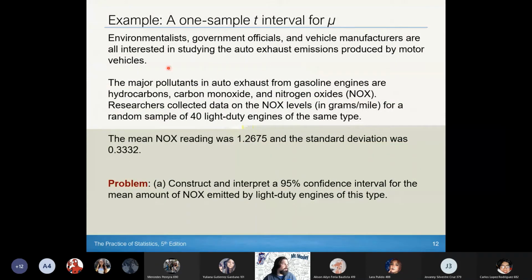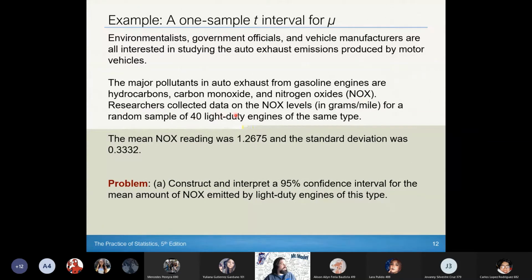So let's look at an example. Environmentalists, government officials, and vehicle manufacturers are all interested in studying the auto exhaust emissions produced by motor vehicles. Major pollutants in auto exhaust from gasoline engines are hydrocarbons, carbon dioxide, and nitrogen oxides, NOx.